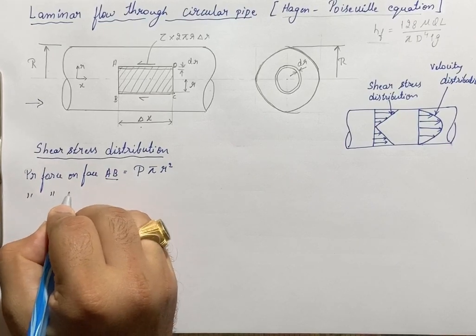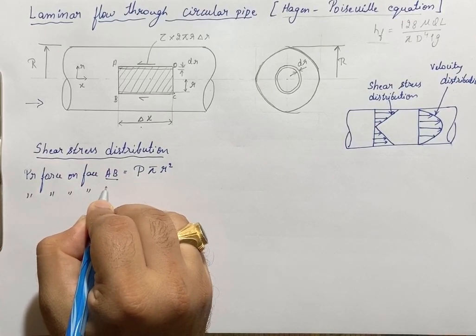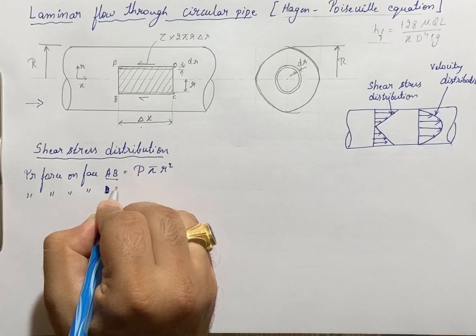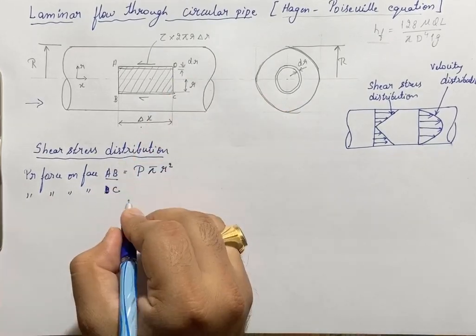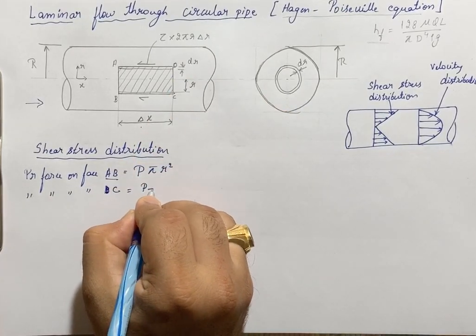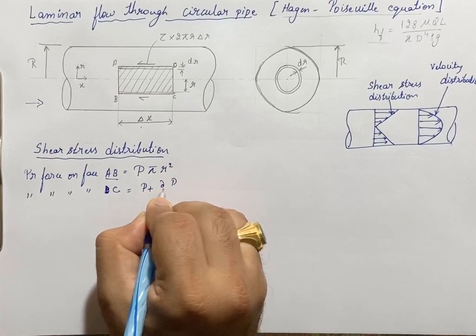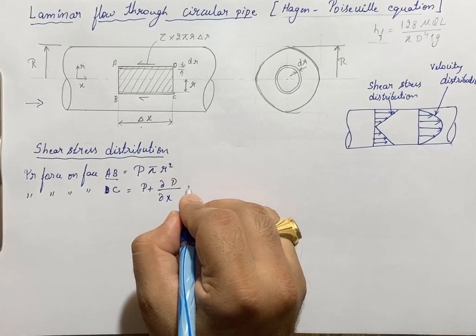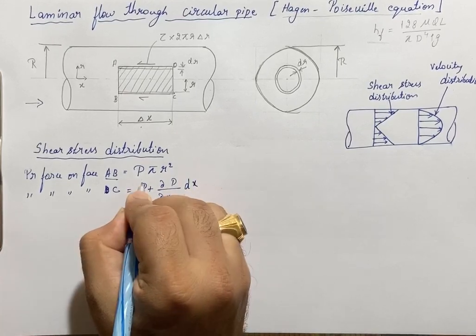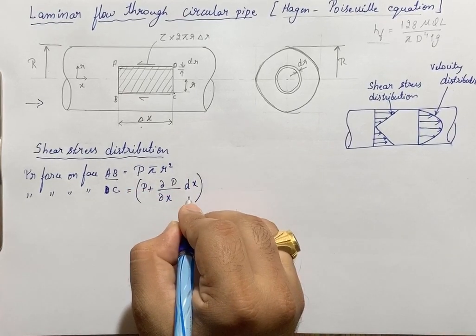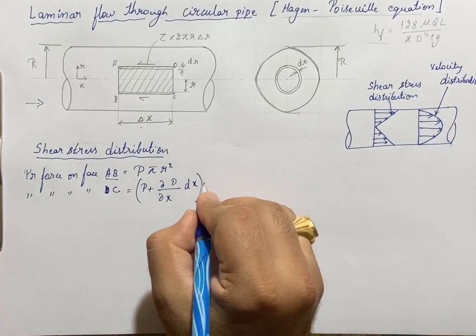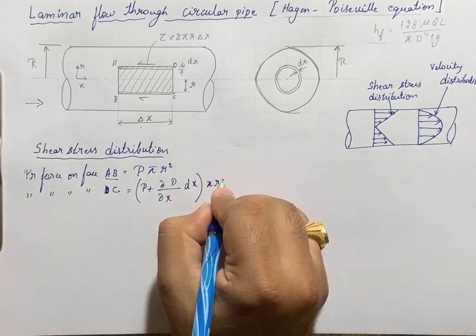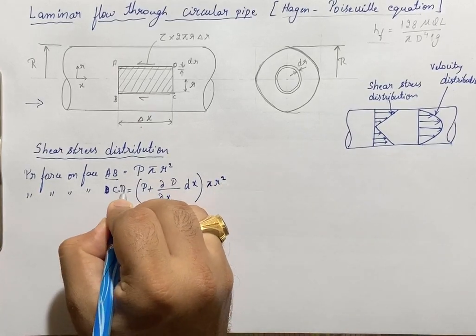Similarly, the pressure force on face CD, that is this side, will be P plus dou P by dou x into dx whole, into the area pi r square. This is the pressure force on face CD.